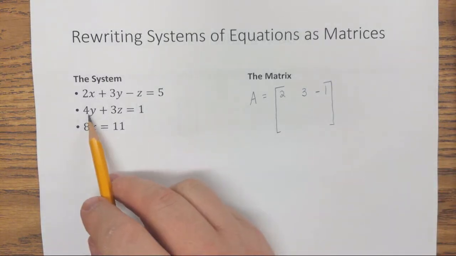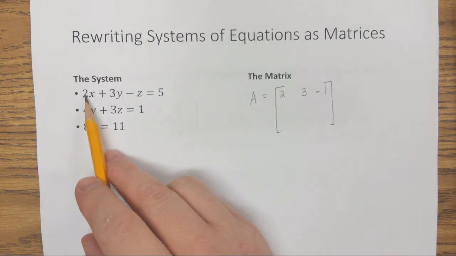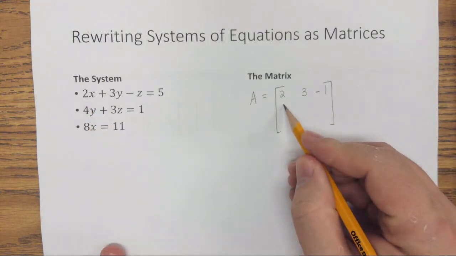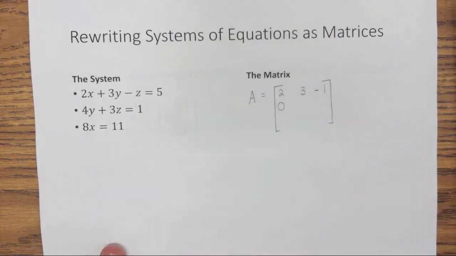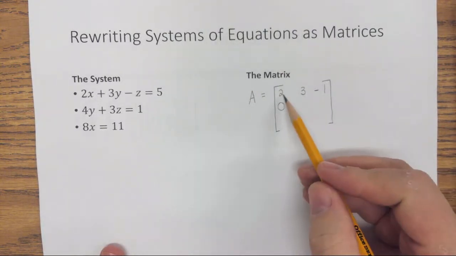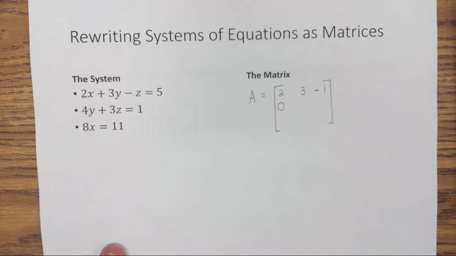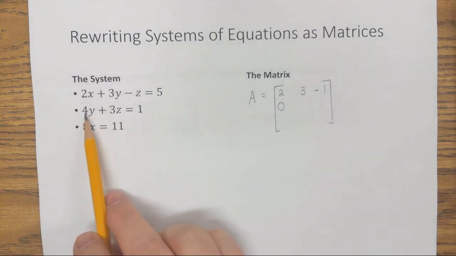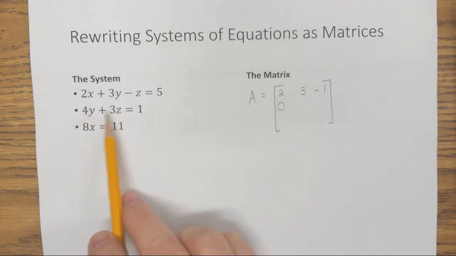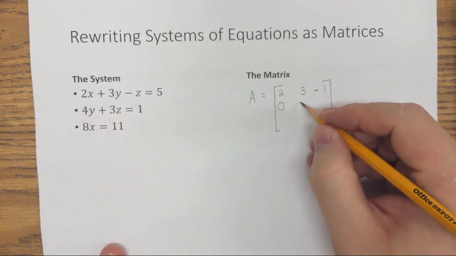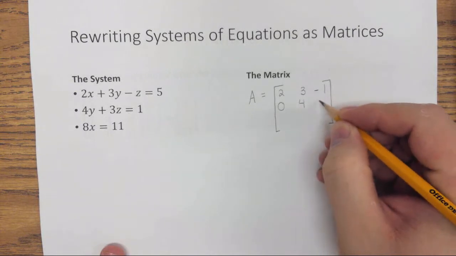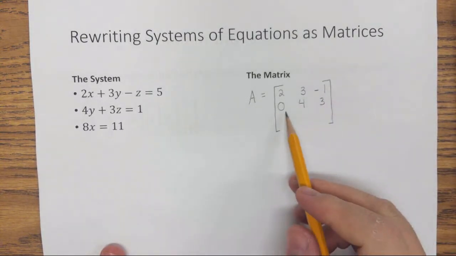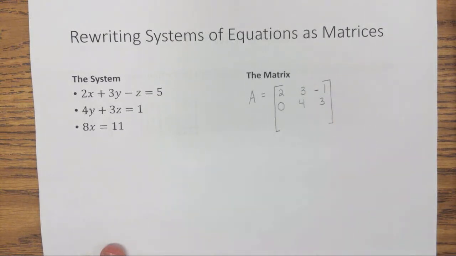So the leading coefficient on my x value for this equation in my second row is going to be 0. That's element 4 in this matrix. Then I just list the other 2 coefficients on these other 2 variables, so I've got 4 and 3. My second row is 0, 4, 3.